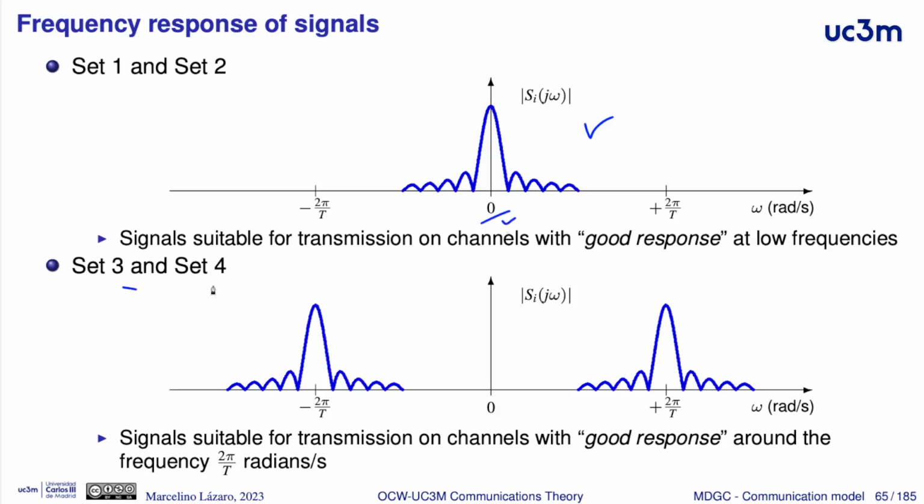In sets 3 and 4, we have sines or cosines of frequency 2π/T radians per second with a single cycle in T seconds, and these signals could be appropriate to transmit in a bandpass system whose center frequency is 2π/T. But working in the time domain, taking into account the difference between signals, the energy of every signal, and the frequency response of every signal simultaneously, and modifying them to find a good trade-off between the three parameters is really, really complicated.